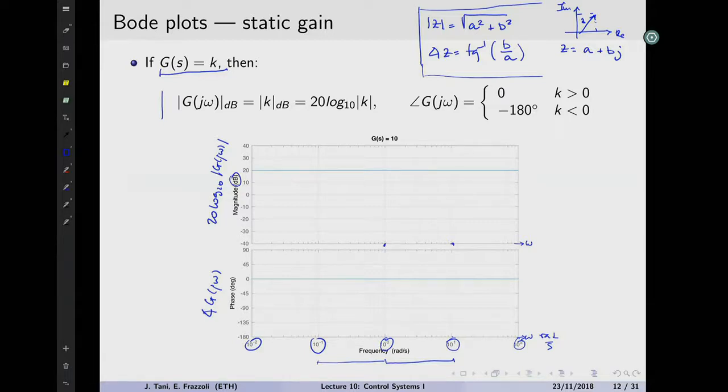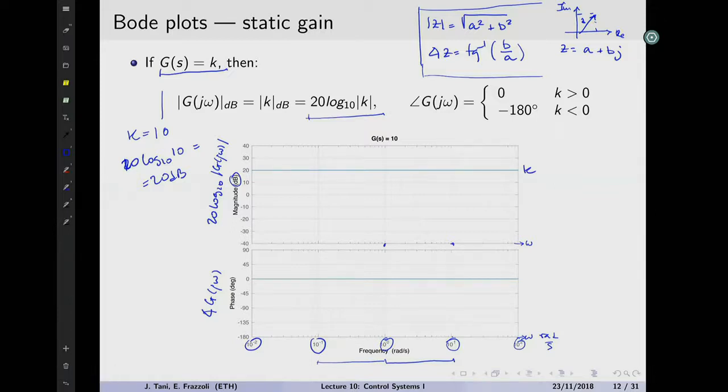There is only a real part, so this is directly 20 times log 10 of the magnitude of k. Suppose k is equal to 10, then 20 times log 10 of 10 is equal to 20 dBs. So the magnitude would be 20 for all frequencies because it doesn't depend on frequency.